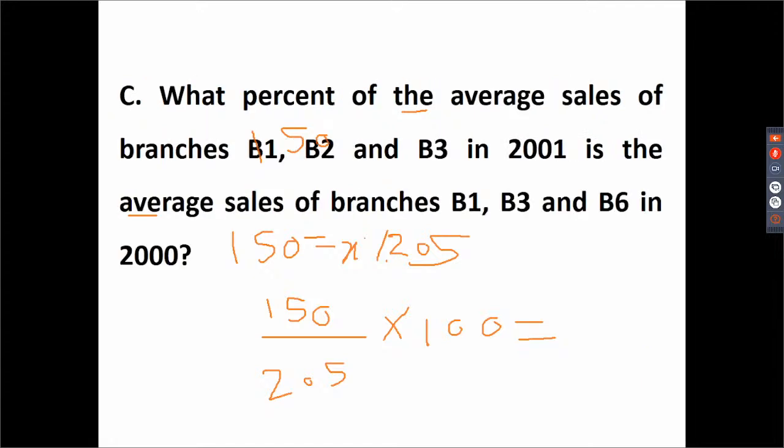Next one. What percentage of the average sales of branches B1, B2, B3 in 2001? Okay, so B1, B2, B3.